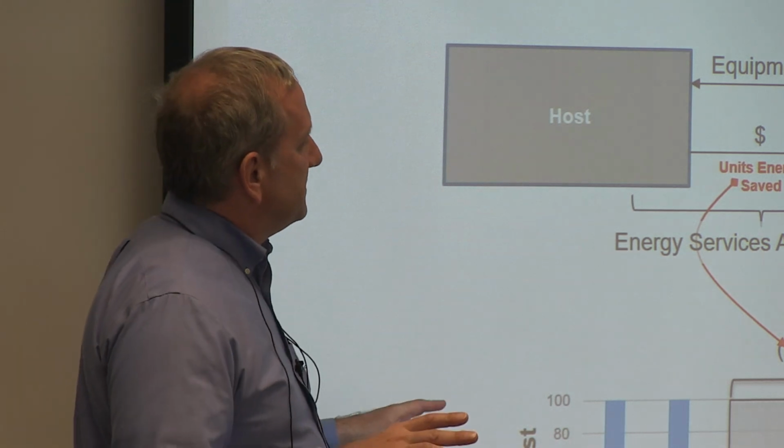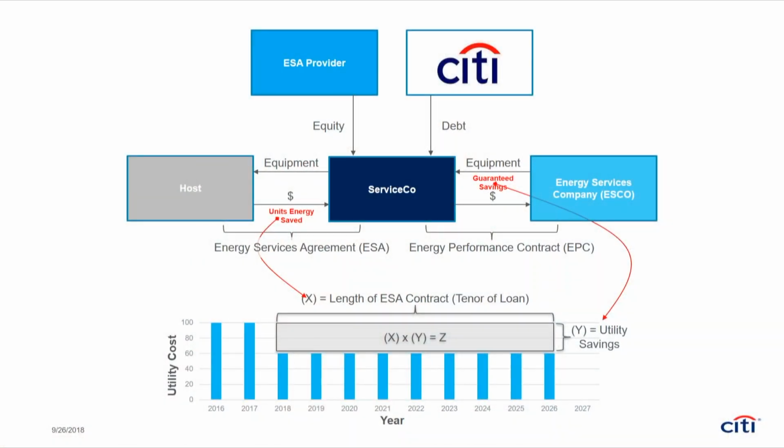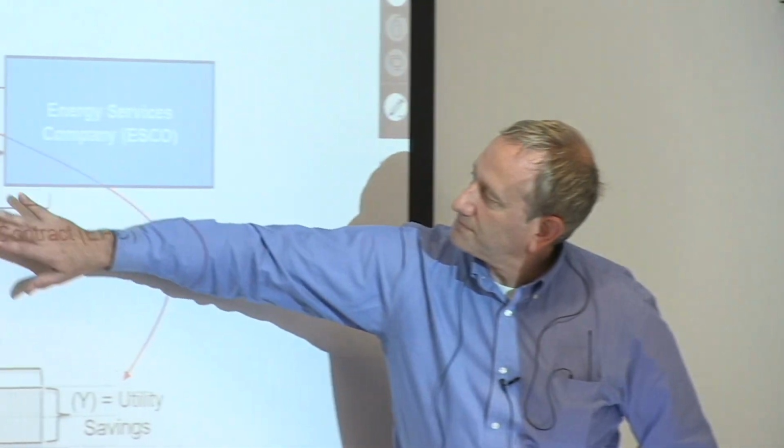So just coming to the structure now of this, I think many of you may be familiar with energy performance contracting. This is what ESCOs do. An energy performance contract is a component of this model. It's this piece right here.